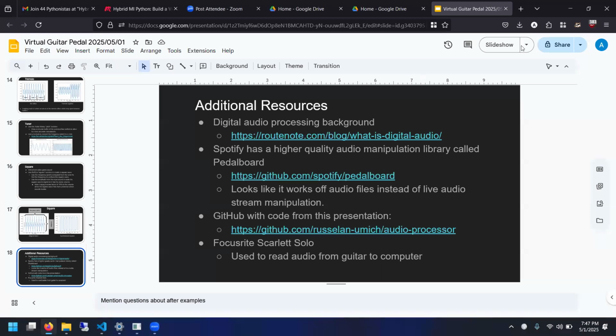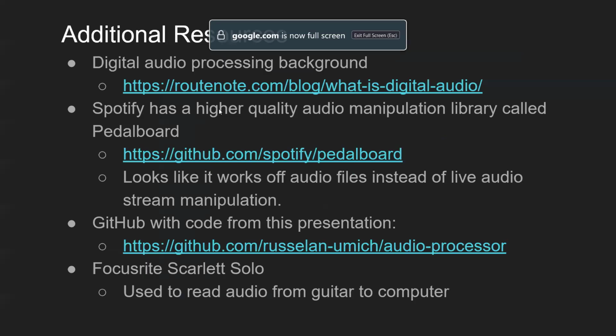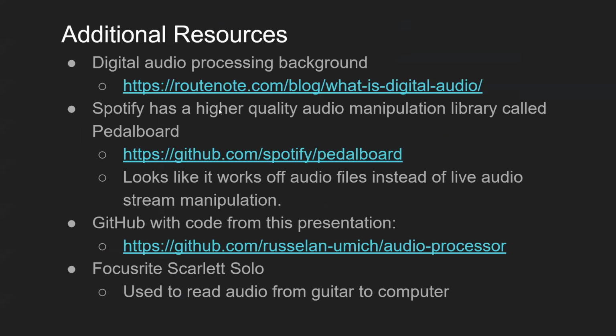There's some additional resources I wanted to point out. I used a few images when I was explaining audio processing, and it has a great overall description of how digital audio processing works. I found it really helpful just for understanding exactly what was going on. And then I mentioned this earlier, but Spotify has a Python library called Pedalboard that has some really high quality manipulations you can do.